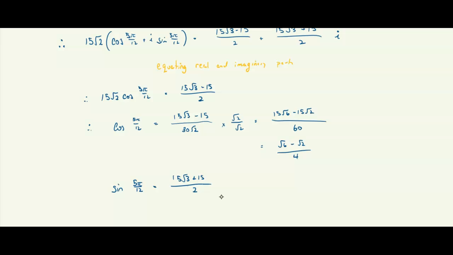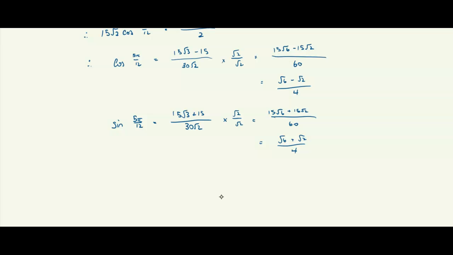Now I'm going to divide by 15 root 2, so it'll be 30 root 2 here. Multiply by root 2 over root 2, and we'll get 15 root 6 plus 15 root 2 over 60, which is root 6 plus root 2 over 4.